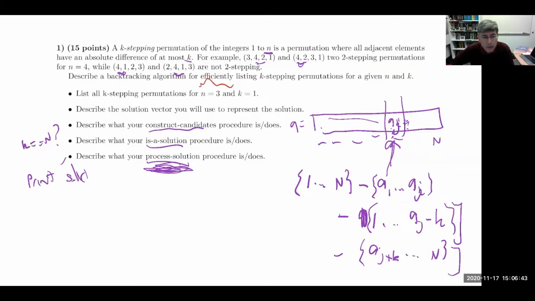Because if k is equal to 1, there are only 2 different solutions, the sorted order and the reverse sorted order. If you have to construct all n factorial permutations to find that out, that is bad. Any questions about what we're looking for here on this backtracking problem? Okay, good.